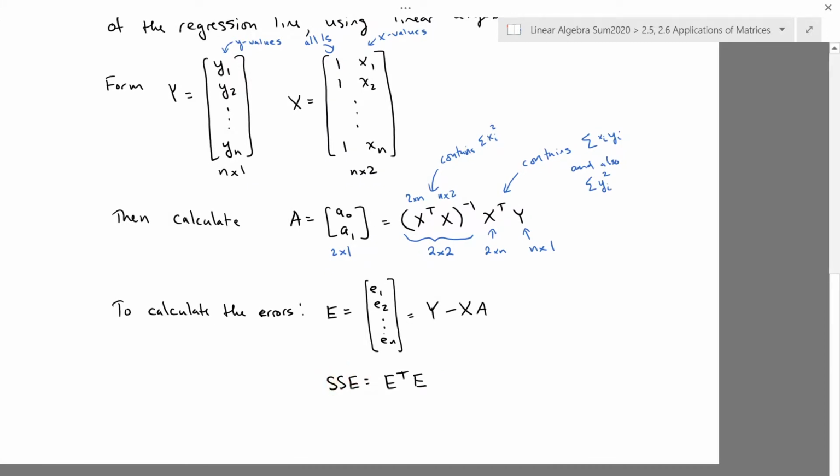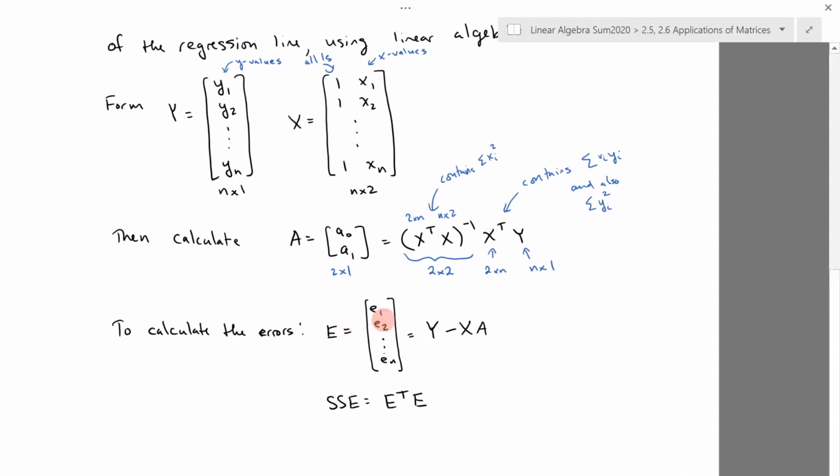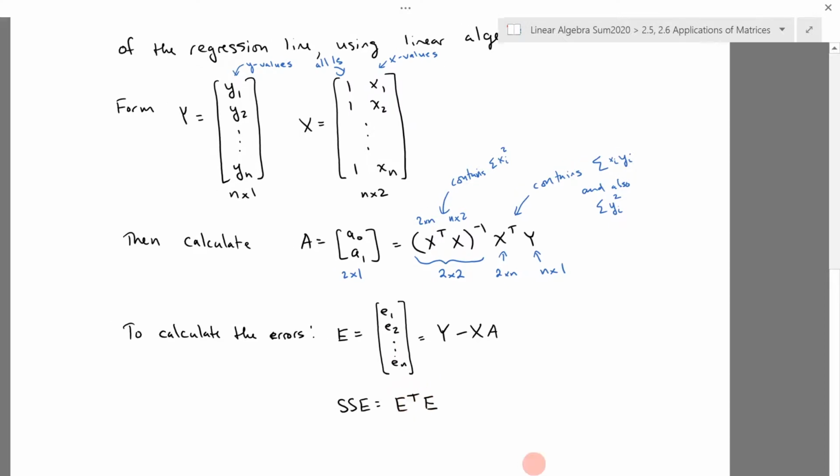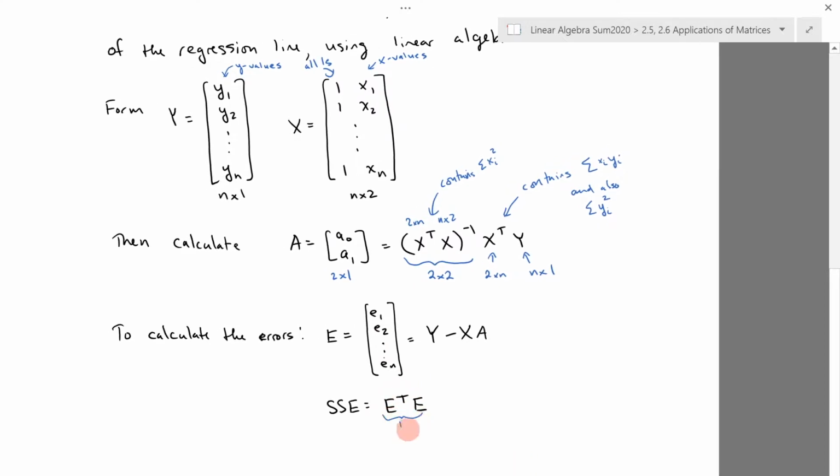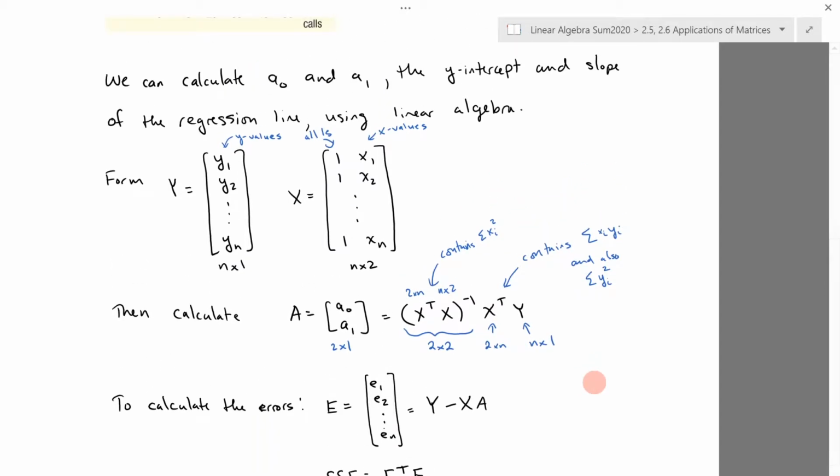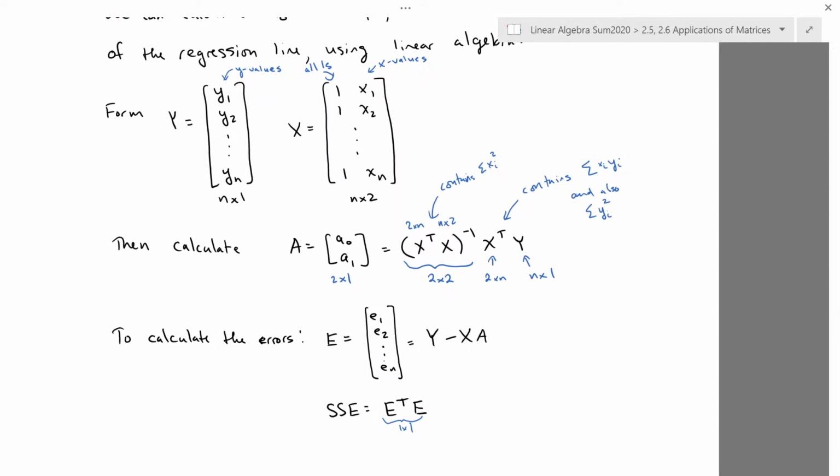The error matrix we can calculate as just y minus x times a, because now we know a. Once you have the error matrix, the sum squared error is just E transpose E. This is just a dot product, a 1 by 1 matrix, which is just a single number. So this is how we're going to calculate the regression line.